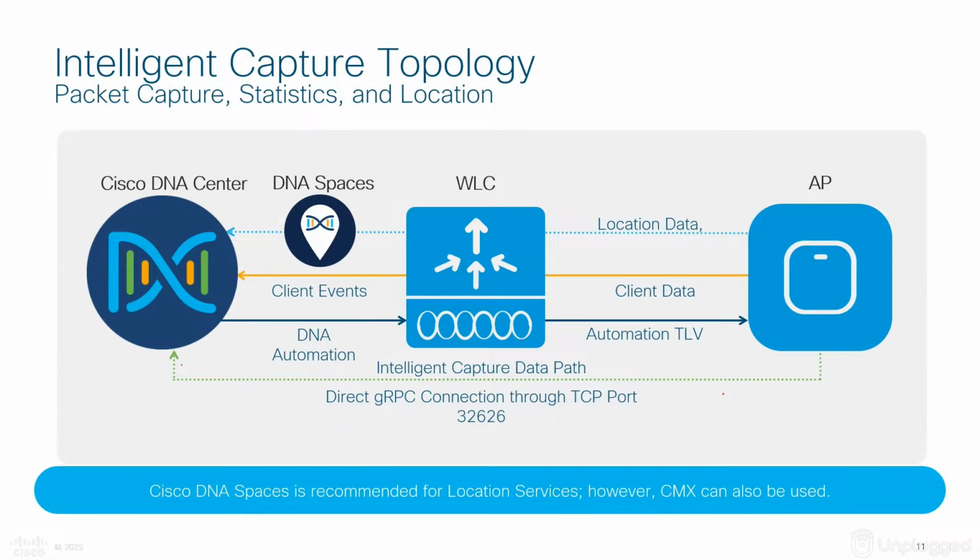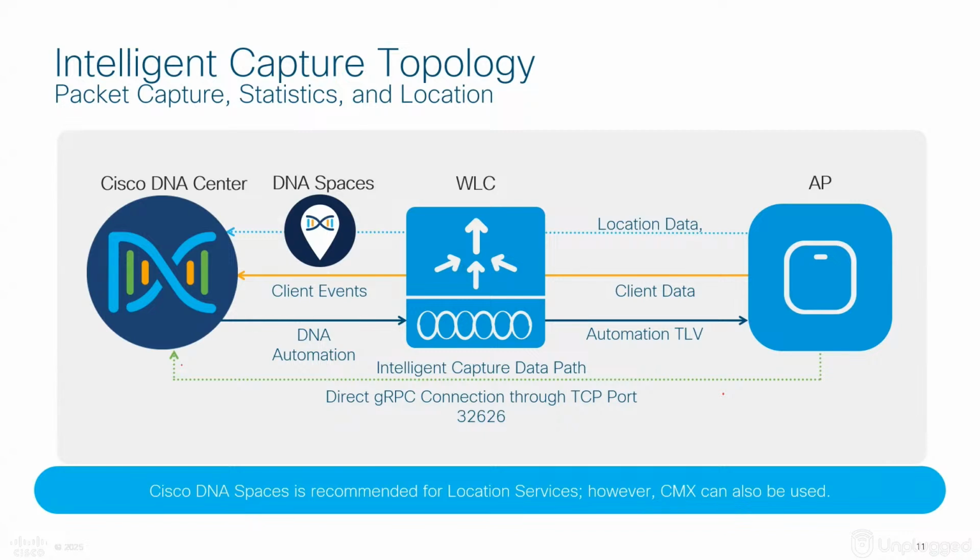And then client data. That's the yellow line there in the middle. That's your events. Like maybe there's a client that's doing the authentication, getting onboarded, going through association, authentication, DHCP. Those events are sent up as shown here.